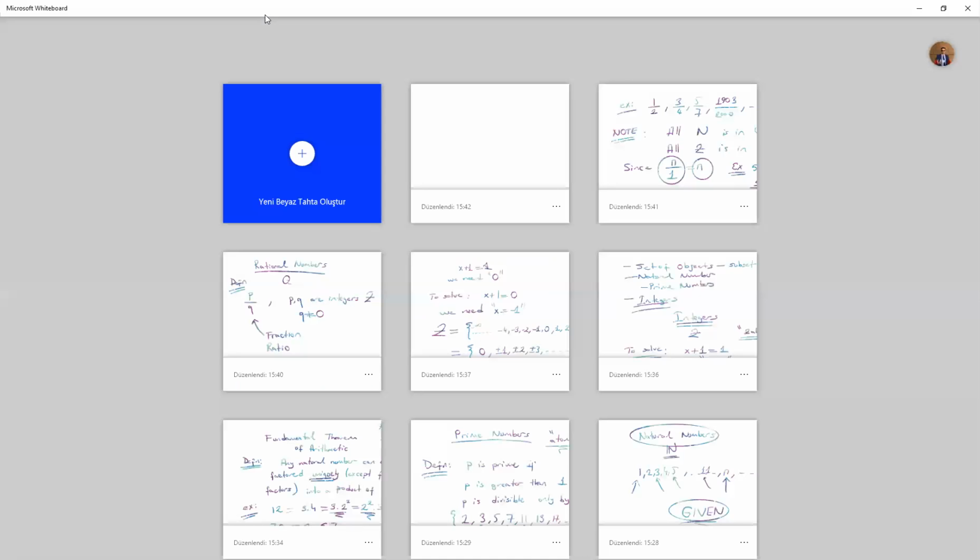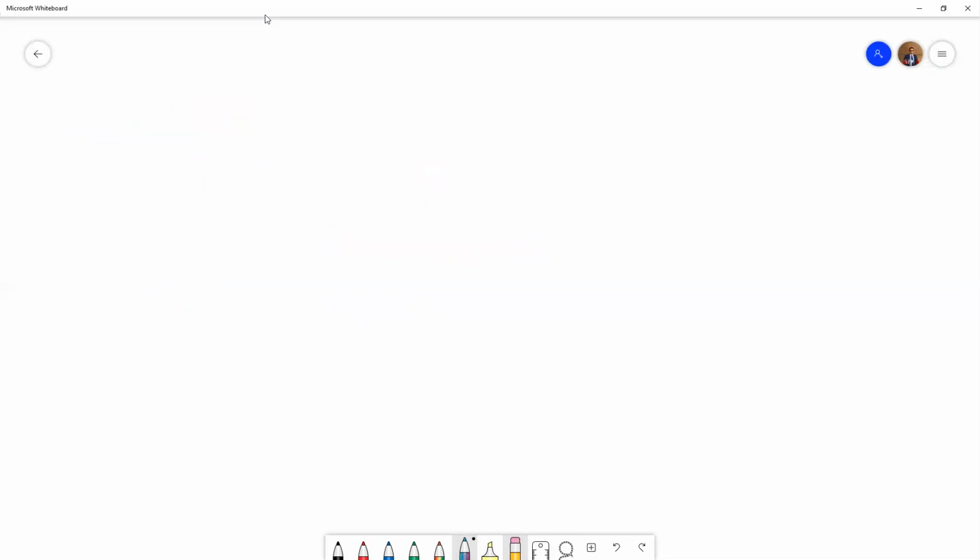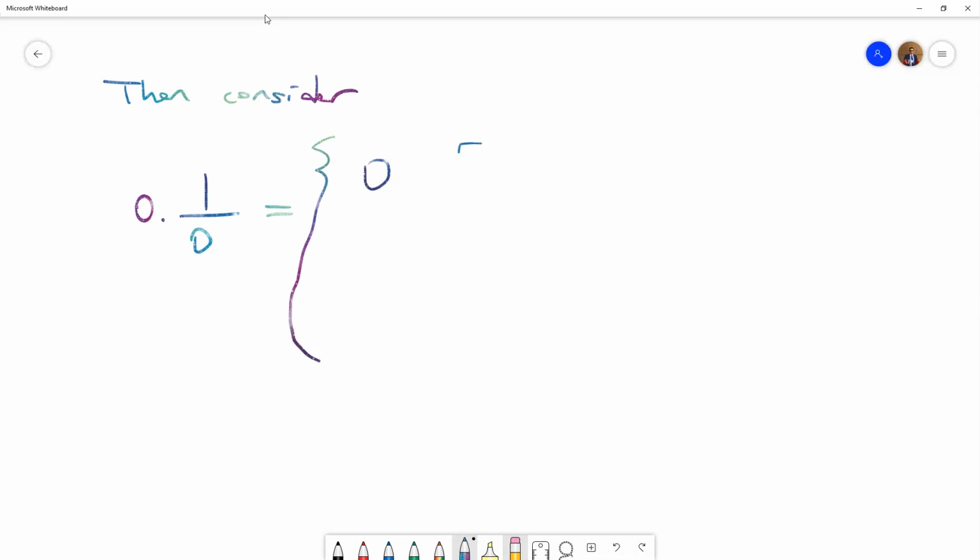Okay, let's look. Then consider some things we know, such as 0 times 1 over 0. This is a known number, we suppose. So this is 0, since 0 times any x is equal to 0.